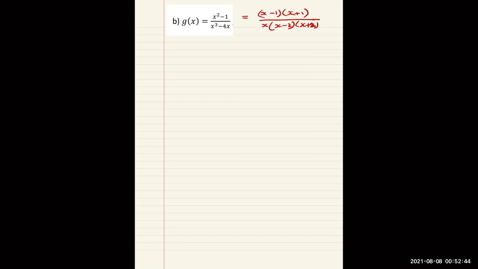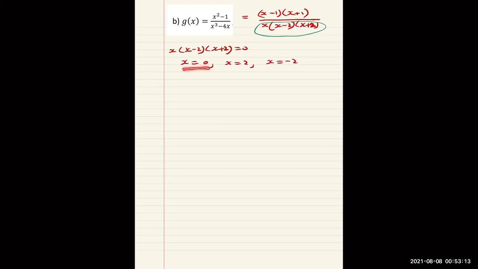Again, to find vertical asymptotes, you set your denominator to 0. That means x is equal to 0, x is equal to 2, x is equal to minus 2.